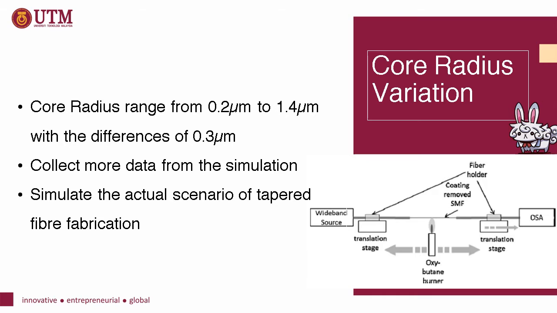So as I said just now, the single mode fiber will be brushed on a flame to make it thinner, so there might be some variation in the core radius, where sometimes you pull a little bit harder and it becomes thinner, or maybe you just pull lightly and it does not really decrease the core radius here.